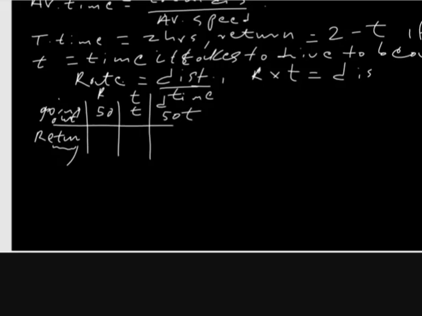Then for returning, the rate is 30, the time is 2 minus T, and the distance will be equal to 30 into 2 minus T.